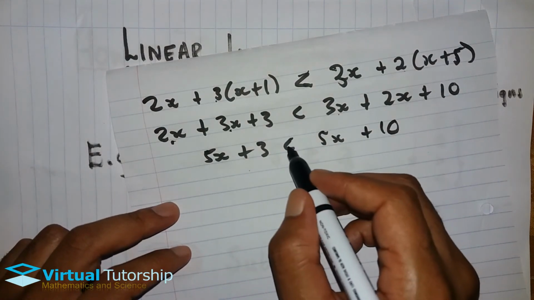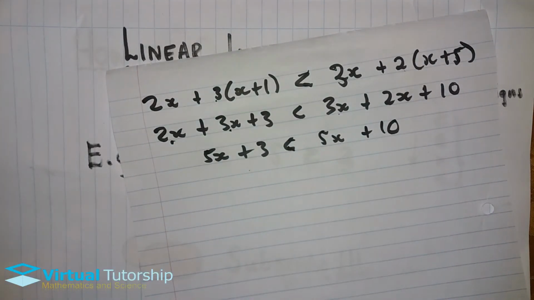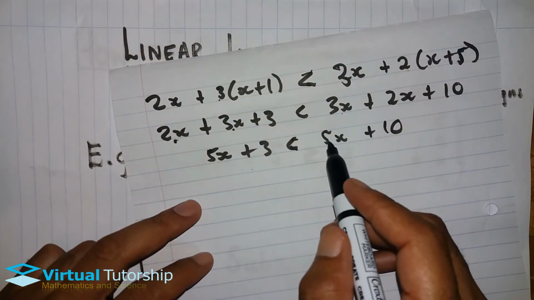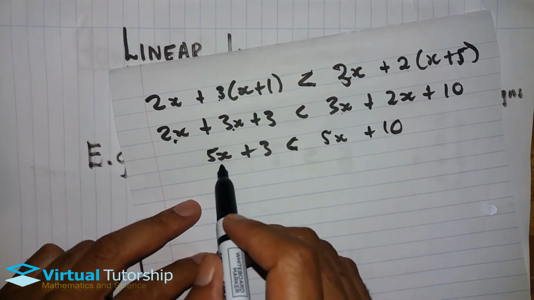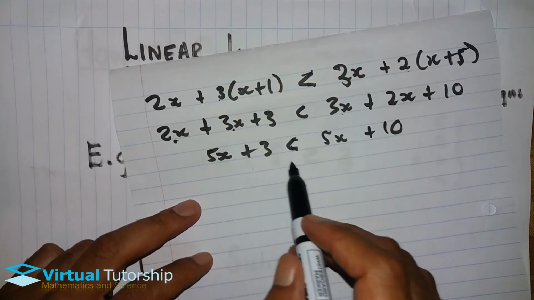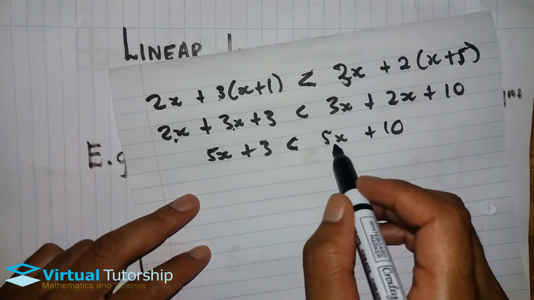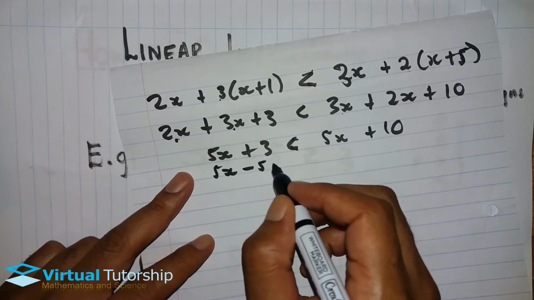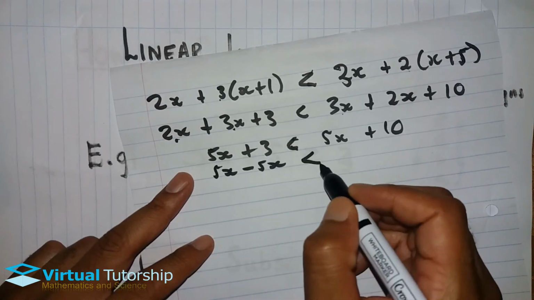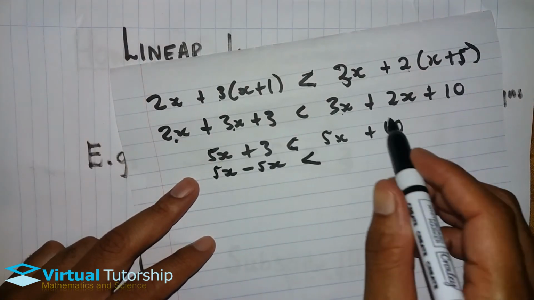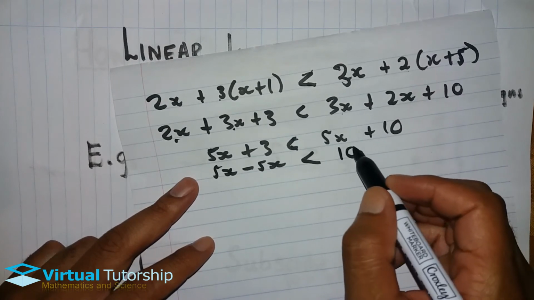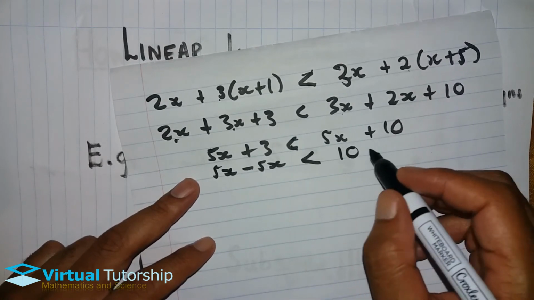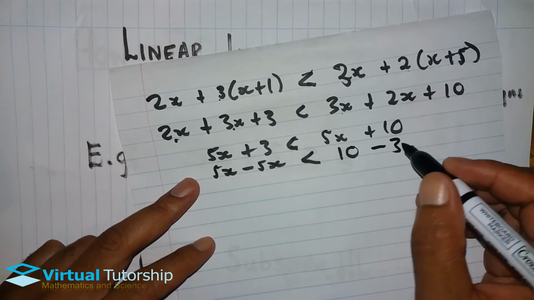So from here what do we do? I'm going to group the x's on one side, and then the constants on one side. So this 5x transpose to the left hand side, minus 5x less than, and then the 3 will come over here, 10 minus 3.